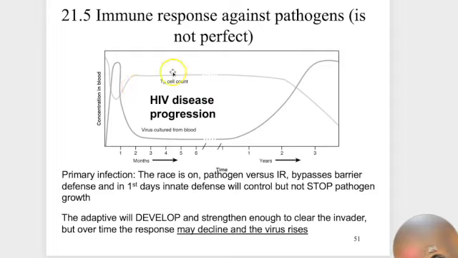It's not perfect, because the pathogen will adapt. The adaptive response has to develop and strengthen enough to clear the invader. So that's one of the ways that pathogens can get past our body's immune system.